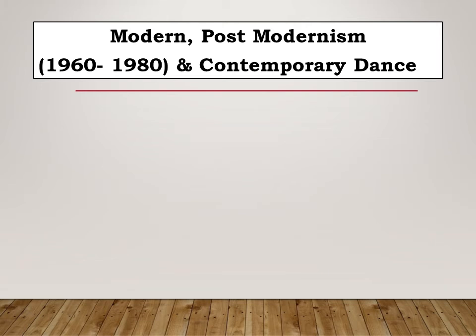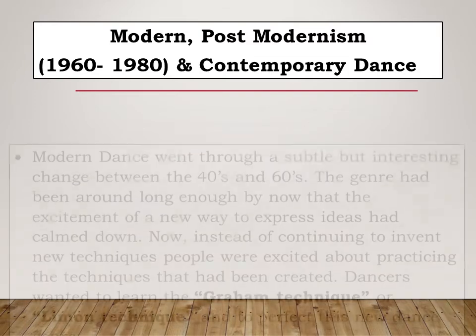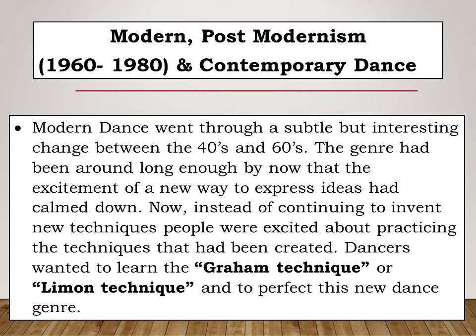Now, let's move on to postmodernism, 1960 to 1980, and contemporary dance. Modern dance went through a subtle but interesting change between the 40s and 60s. The genre had been around long enough that the excitement of a new way to express ideas had calmed down. Now, instead of continuing to invent new techniques, people were excited about practicing the techniques that had been created.